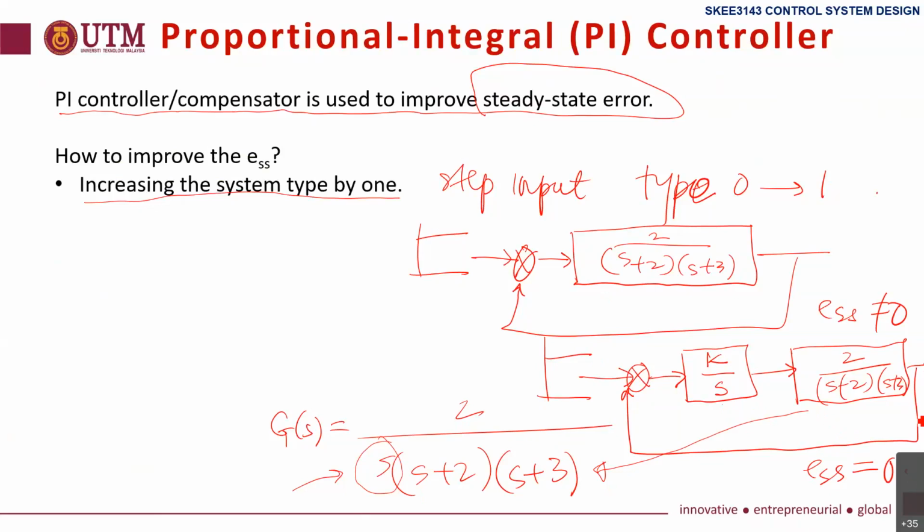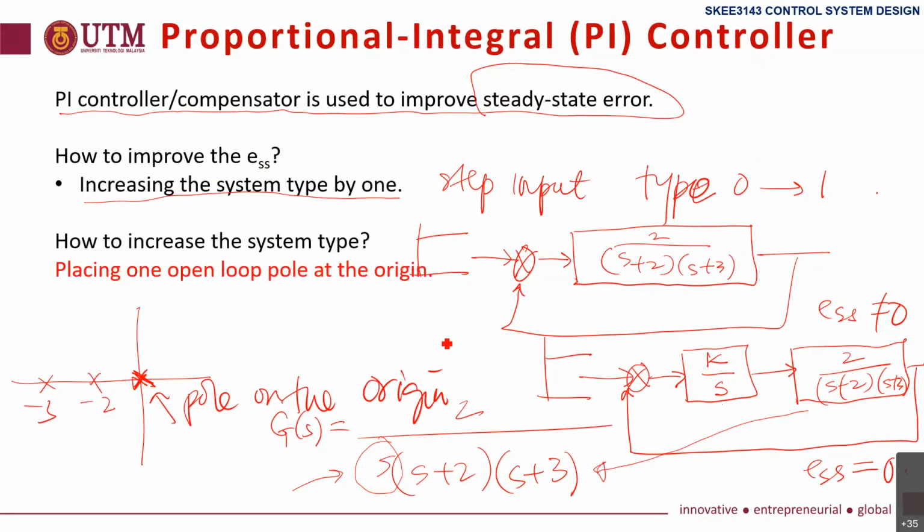That means, if we want to plot the poles and zeros, -2, -3, this is the original system. When I add s here, that means I add another pole. Pole on the origin.